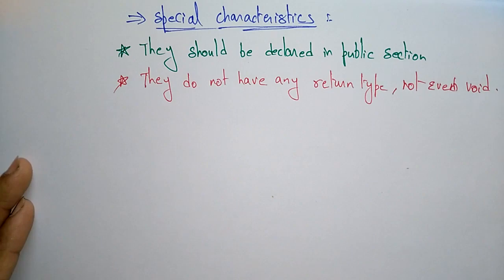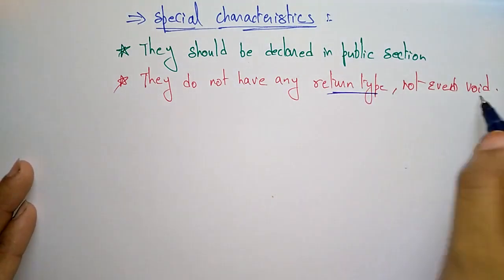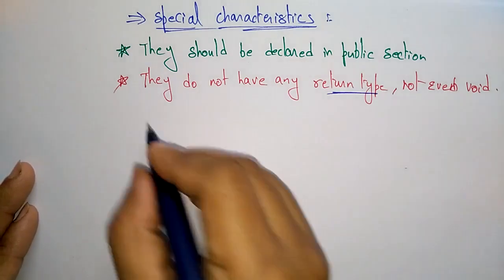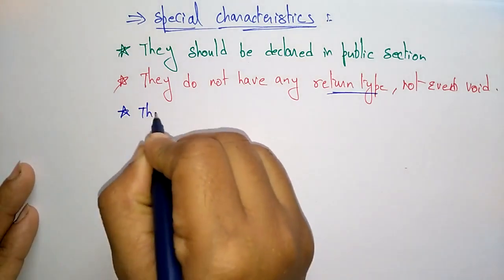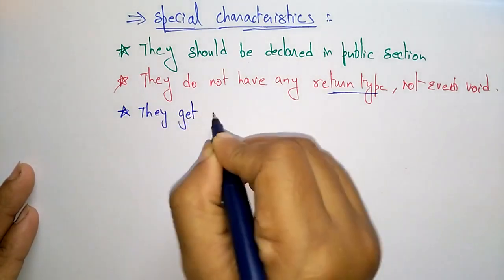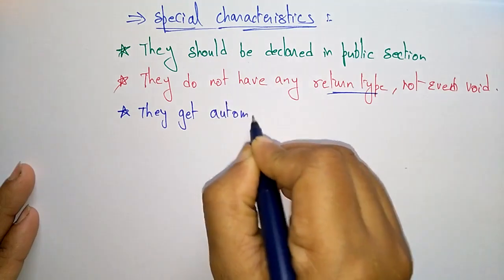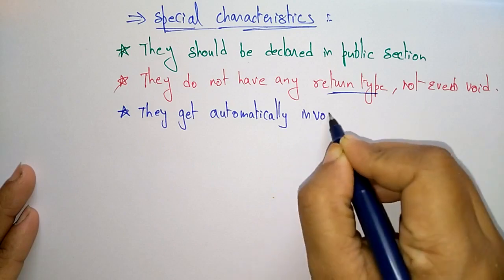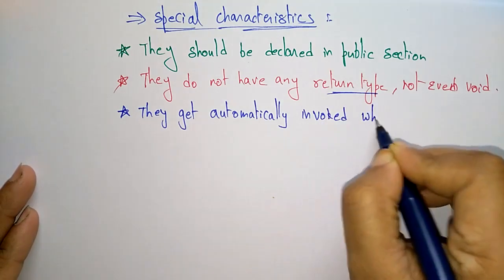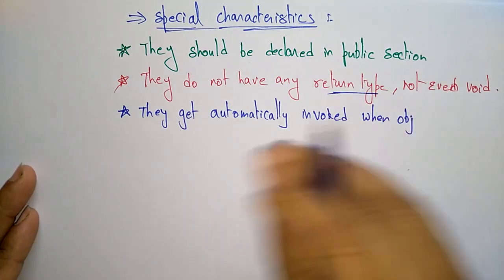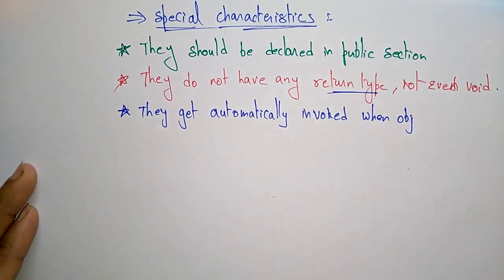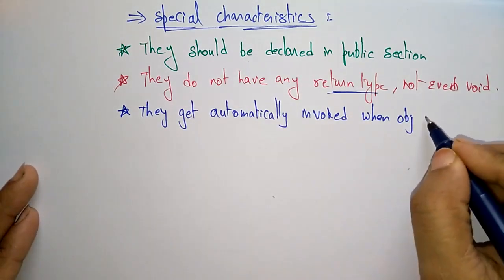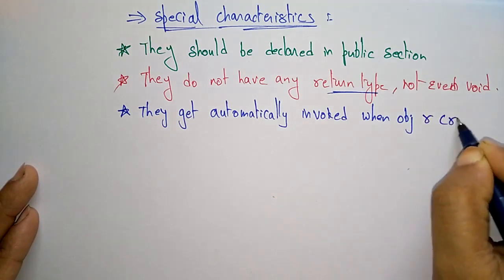After that they do not have any return type values, not even void. Next, they get automatically invoked when an object is created. Already I had said that constructors will be automatically invoked when objects are created.